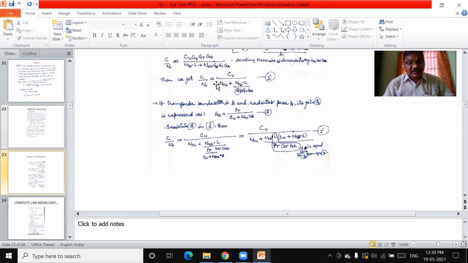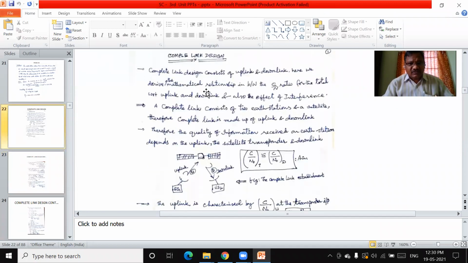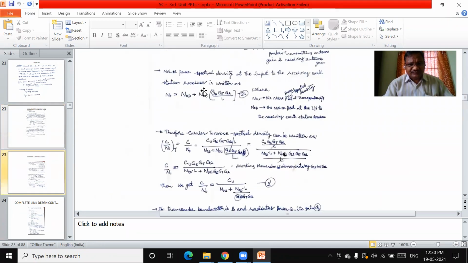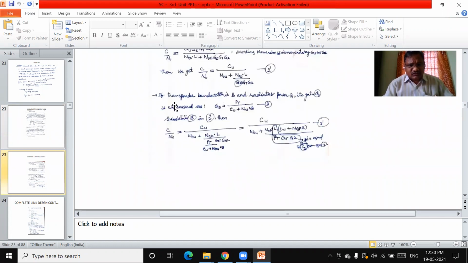So now the third point we are going to add here. What is the third one? The transponder.